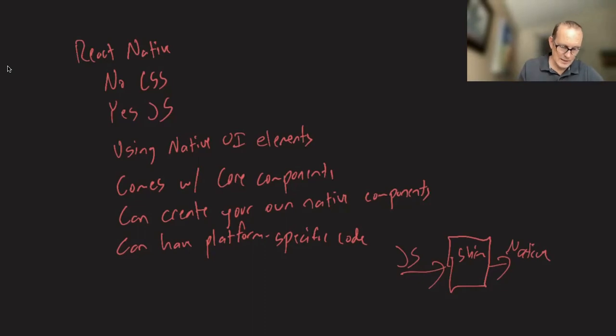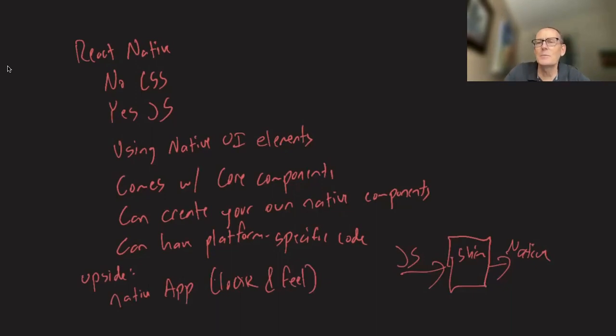Let's look at the upside. You can have yourself a native app, right? Native look and feel. Your performance is probably not going to be quite as great as a custom application written directly in Swift or Kotlin, because you've got the JavaScript interpreter overhead.